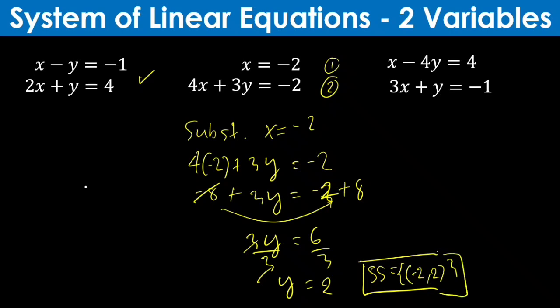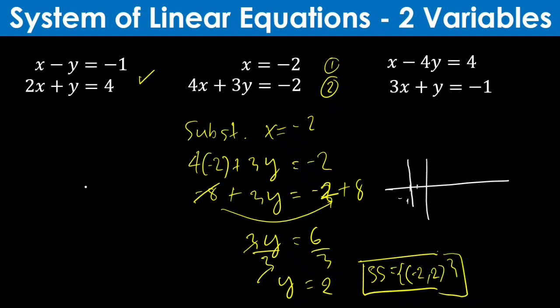If you want to see the graph of this equation, okay, it's like this. The graph over x is x is -2. That's 1, 2. X is -2. That means our x is -2 for all values of y.